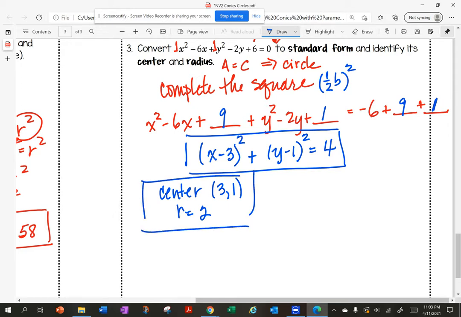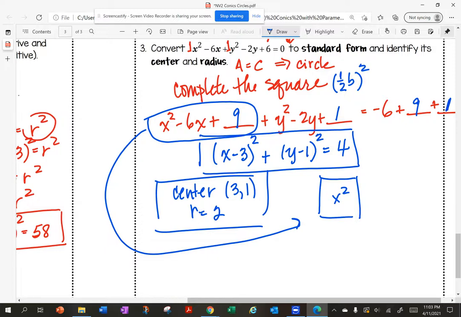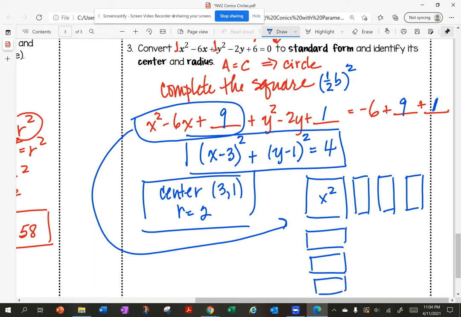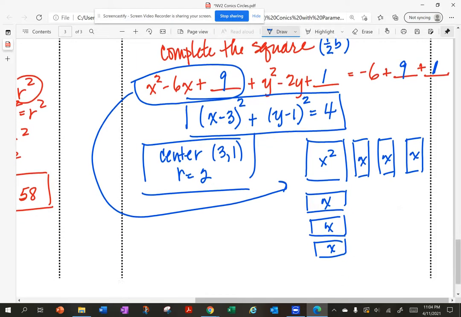Okay, so just to review, if I wanted to show you what completing the square looks like, this was working with those algebra tiles. So this would be x squared, and I had 6 x's. So if I started out with x squared and 6 x's, what would I need to complete the square?